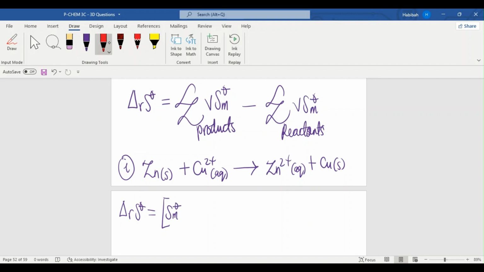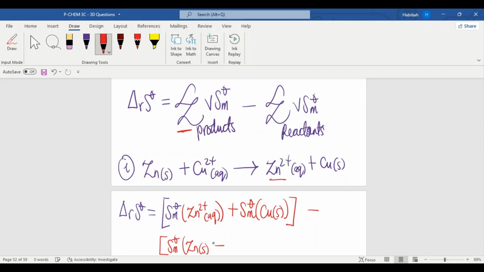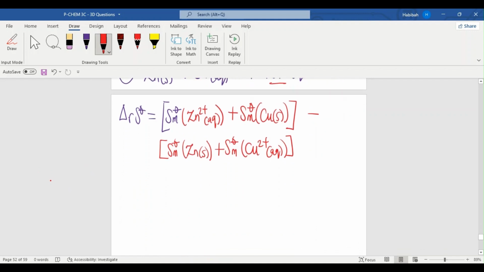The first product in this reaction is Zn2+, so the molar entropy of Zn2+ aqueous, plus the molar entropy, because there's a summation here, of the second product, which is Cu solid, minus the molar entropy of the first reactant, which is Zn solid, plus the molar entropy of the second reactant, which is Cu2+ aqueous. That's basically how it's done.